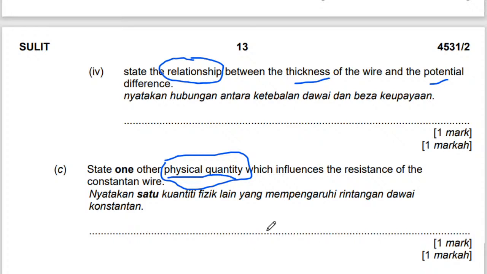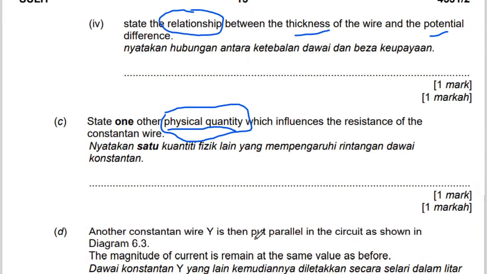Ada length dengan temperature, that will be better. Jangan tulis type. Even macam paper 3 pun, the variable, sometimes students love to write constant variable, type of something. So try your best not to write type. Tulis something that can be measured. Refer to your chapter 1 form 4.